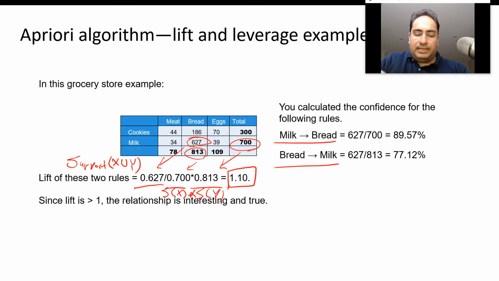When we look at the lift, we'll see that the lift is actually more than 1, which means that this relationship is interesting, and there's a relationship based on people who buy milk and bread. They buy together, not just randomly or because of their popularity. They buy it because there's a relationship. So people buy them actually together.